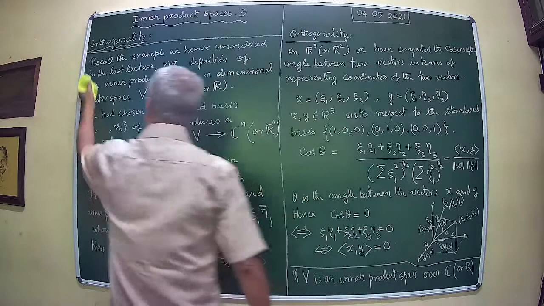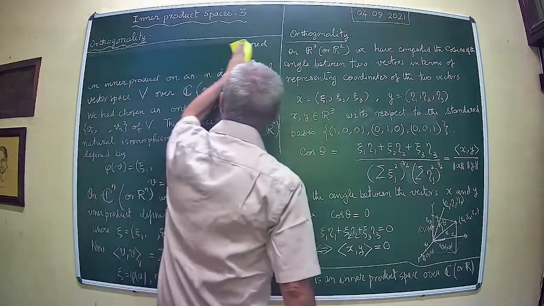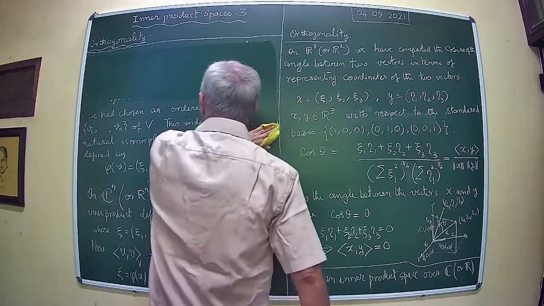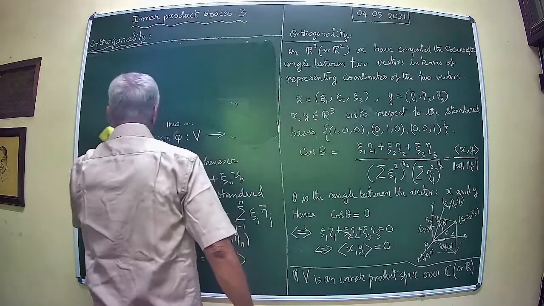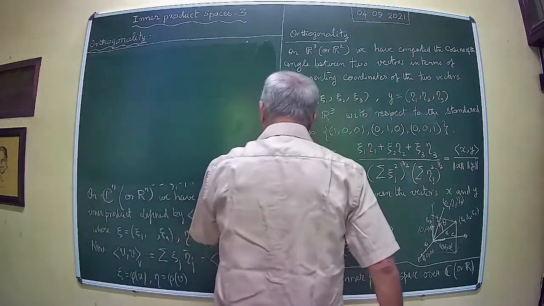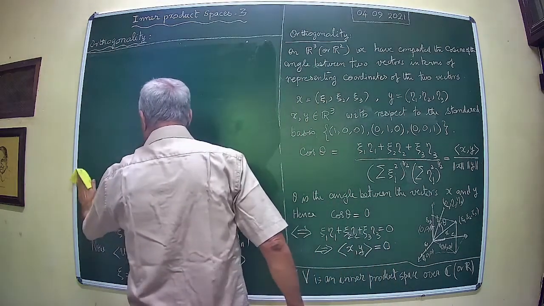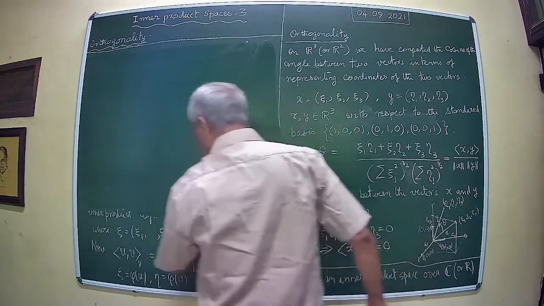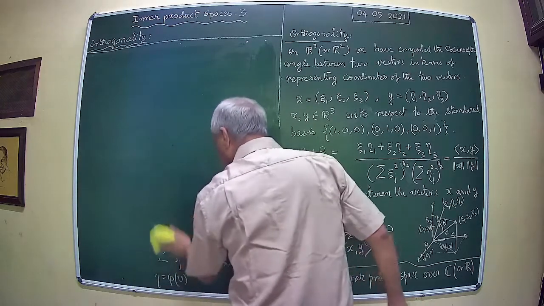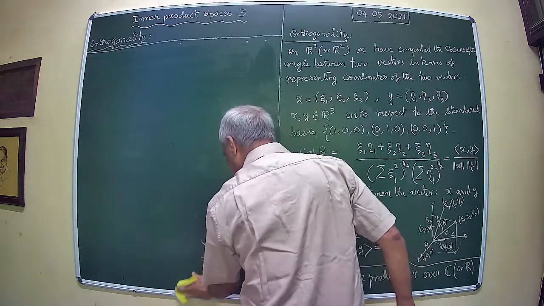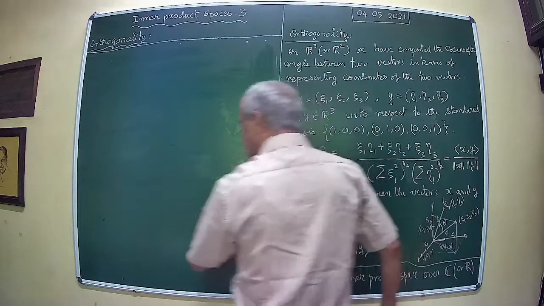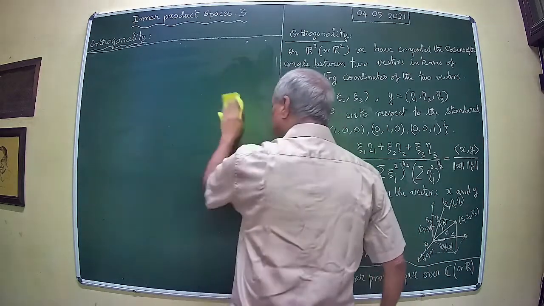With inner product of u, v introduced in some way. That means a function from V cross V to C or R with the properties of symmetry, linearity in the first variable, conjugate linearity in the second variable, and positive definiteness.